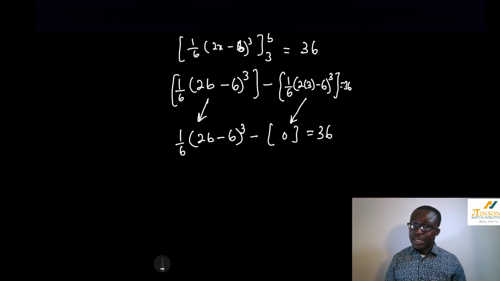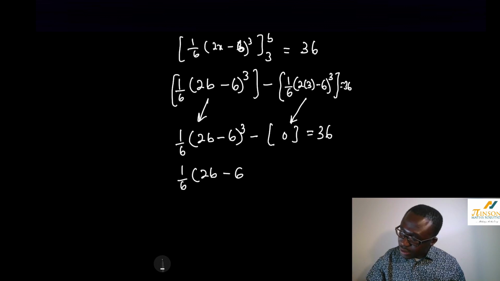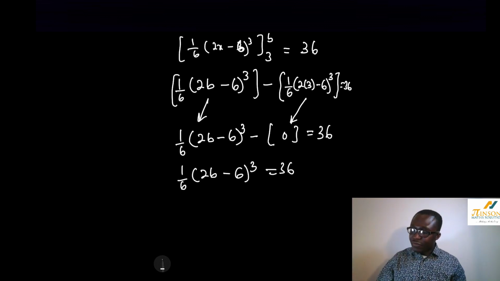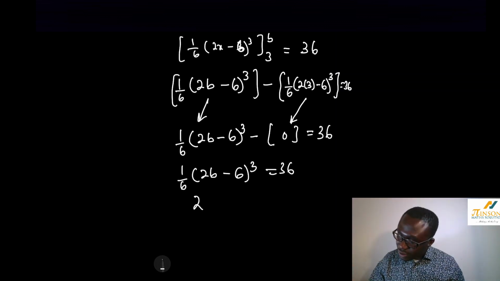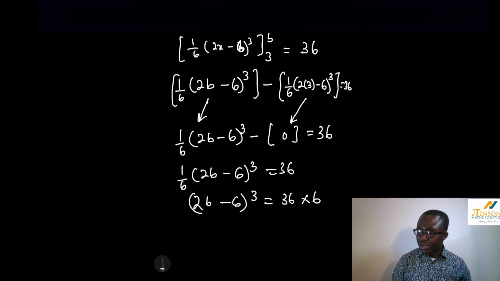So basically we've got 1/6 (2b minus 6) cubed equals 36 to work out. We have a fraction here, so the opposite is to multiply by 6, and that gives us (2b minus 6) cubed equals, well, I don't want to really work this out, it will be easy to just leave it like that. Of course, if you have a calculator, you can do that.